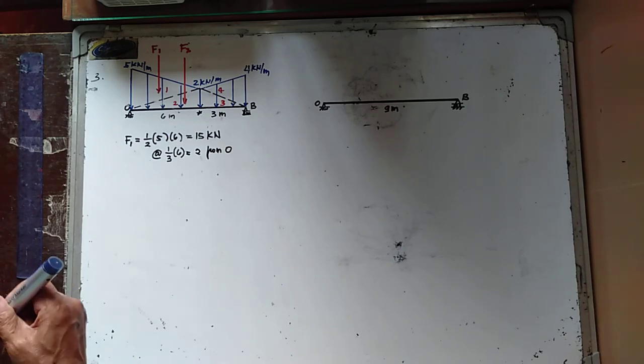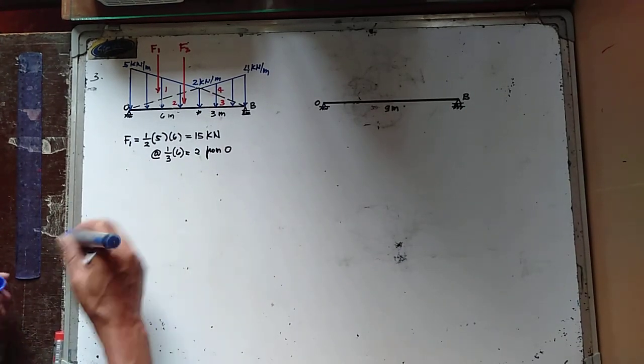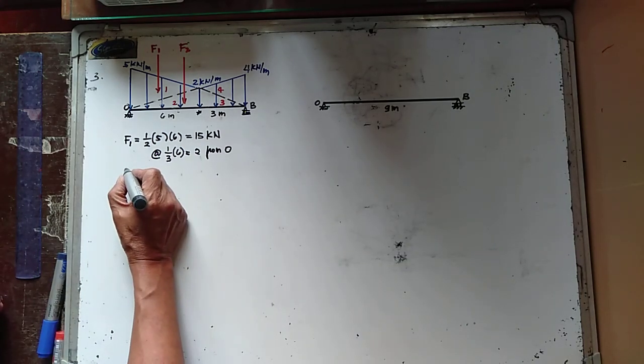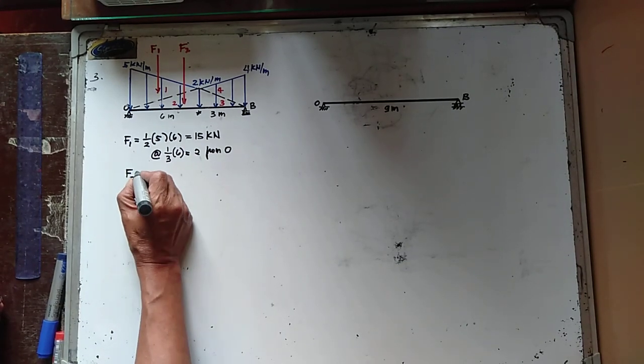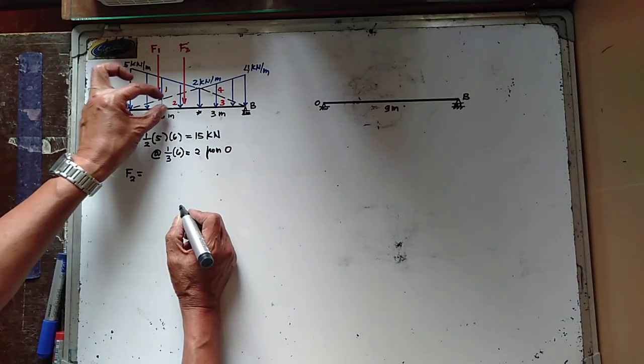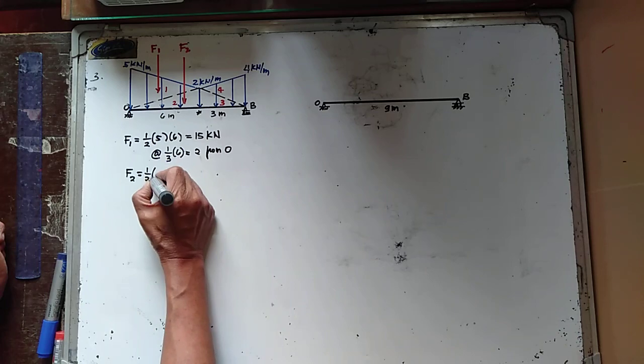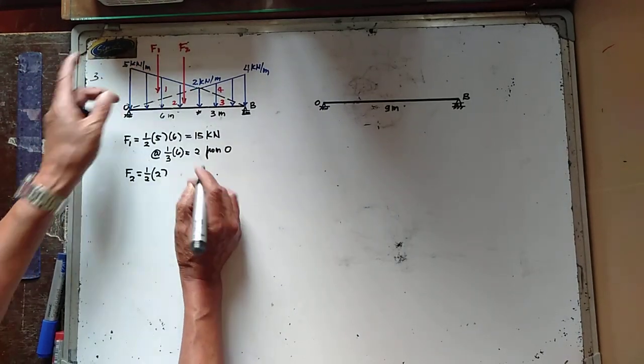And the equivalent resultant force is again the area of triangle 2. So that is 1/2 of 2. So that is 2.